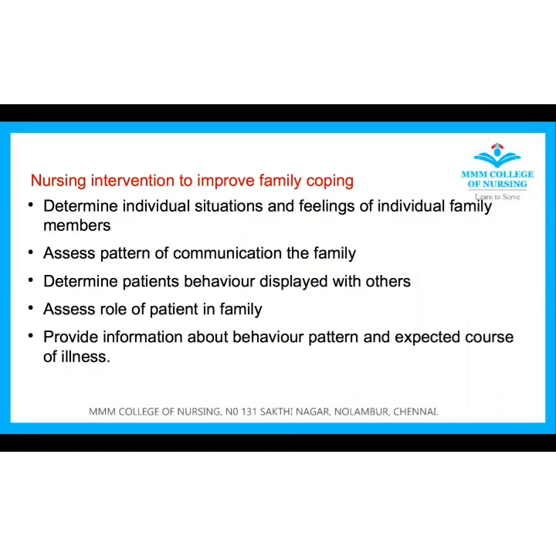Assess the patterns of communication in the family. For example, whether feelings are expressed freely, who makes the decisions, what is the interaction between the family members. This will provide cues about the degree of problems being experienced by the individual family members and also the coping skills used by them.